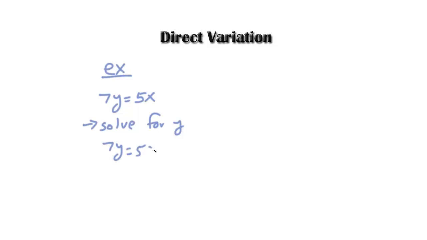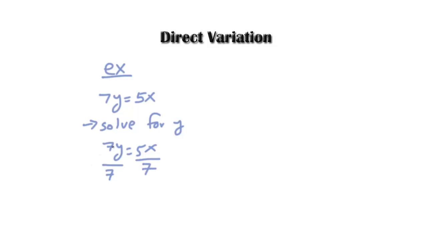Let's say you have this example here. 7y is equal to 5x, and I want to check to see if that is a direct variation equation. To do that, just solve for y. Let me rewrite that one more time. 7y equals 5x. So I'm going to divide both sides by 7.